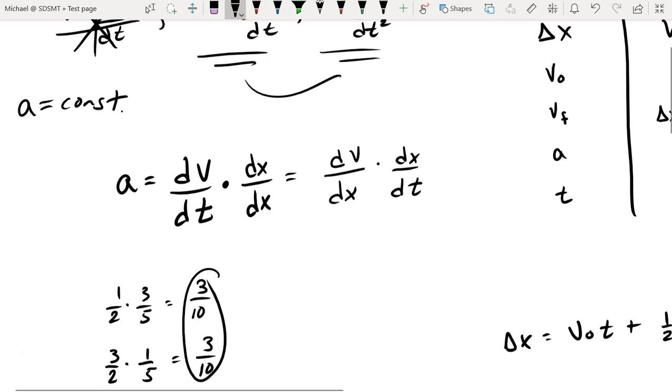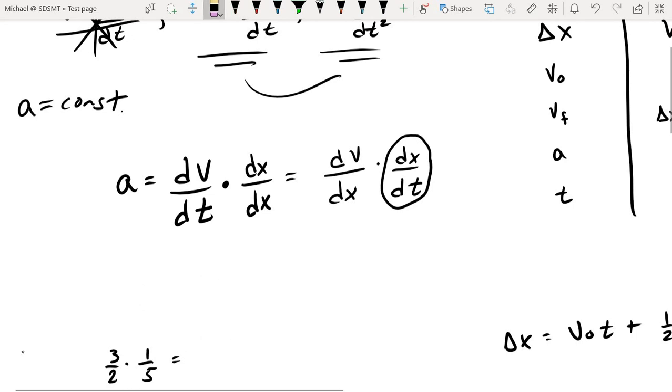except that now, right here, we have a ratio that we know. We have dx over dt, and dx over dt is our definition of velocity. So we can now write this acceleration term as dx dt, which is velocity.